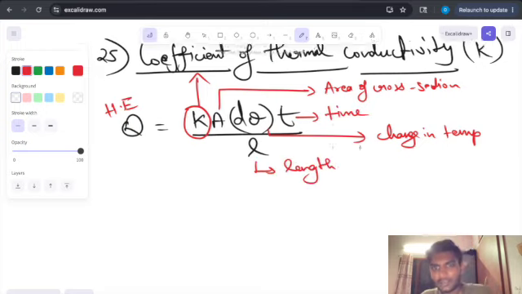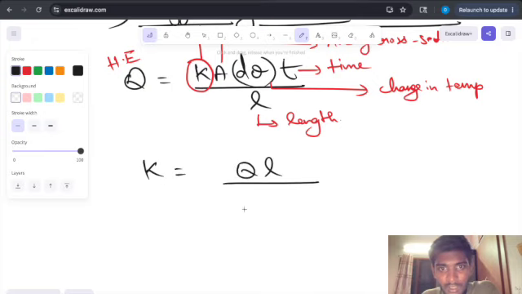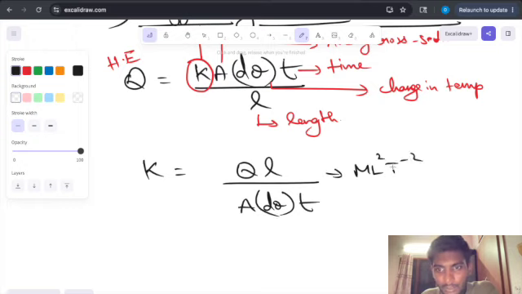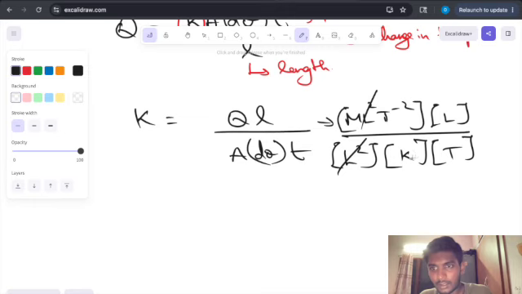Okay. Now we are pretty clear with what you need to do. You must rearrange this entire formula in terms of K. So K is equal to QL by A dθ T. So Q I know it is ML²T⁻². L is length again. So A is L². Change in temperature is temperature basically. So K. T is time is T. So L² will get cancelled.